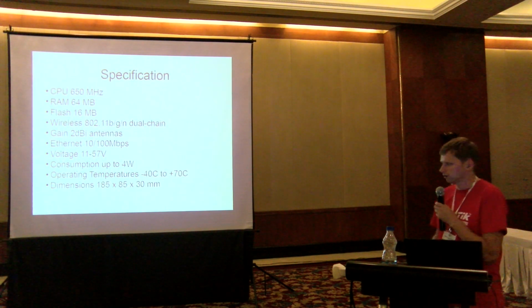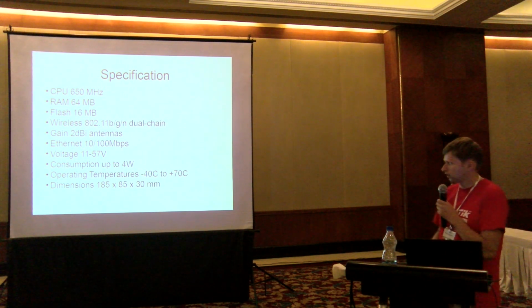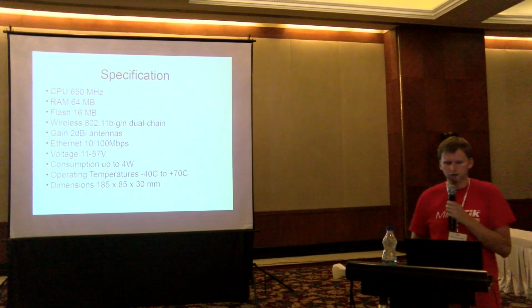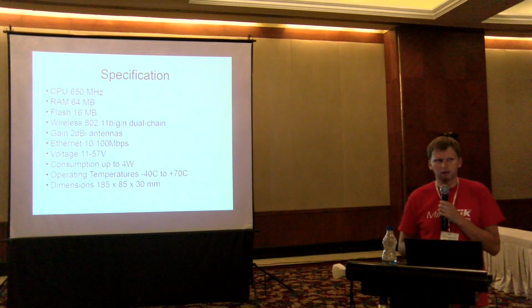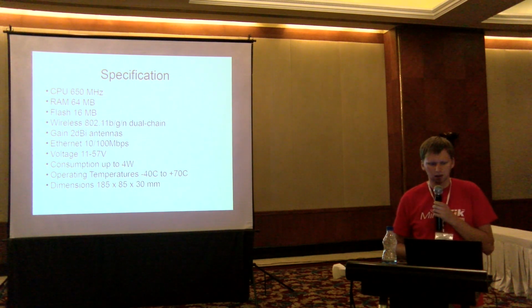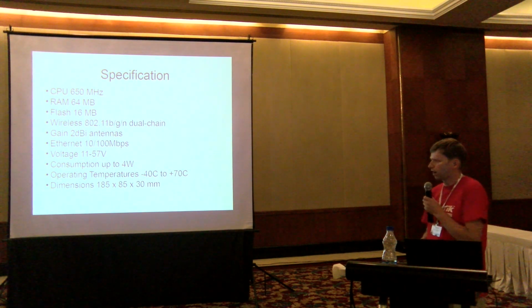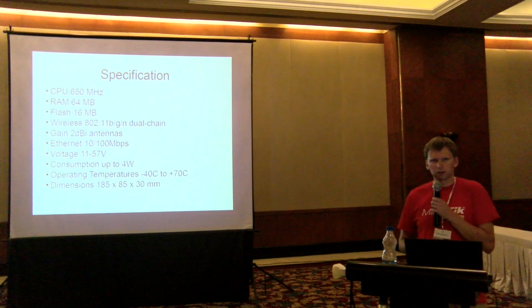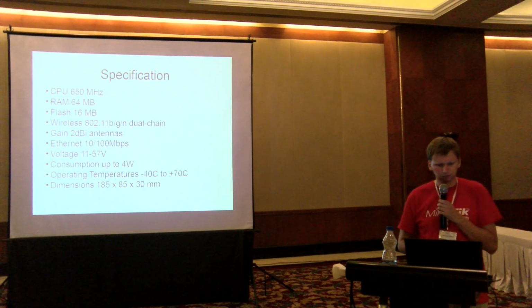So here are more details on the specifications. It has a 650 MHz CPU, 64 MB of RAM, 16 MB of flash storage for the RouterOS operating system, and has a BGN dual-chain wireless radio built in with built-in antennas, and the antenna gain is 2 dBi.